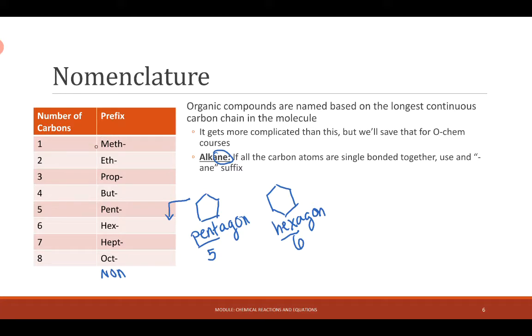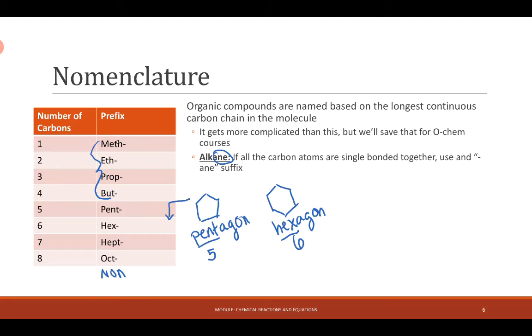But these first 4, you just have to kind of say them over and over again until you remember the order. Meth, Eth, Prop, But. And so then you can learn how to count to 4 for your carbons.